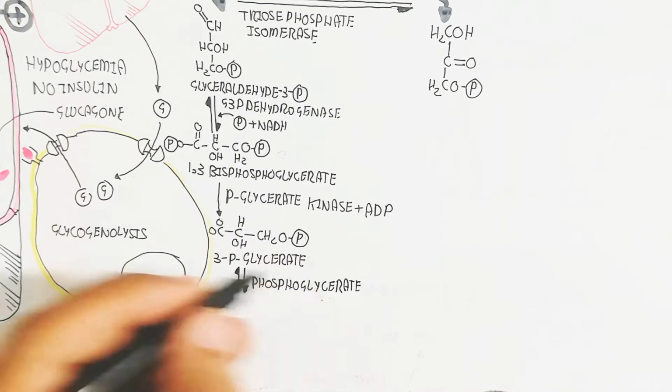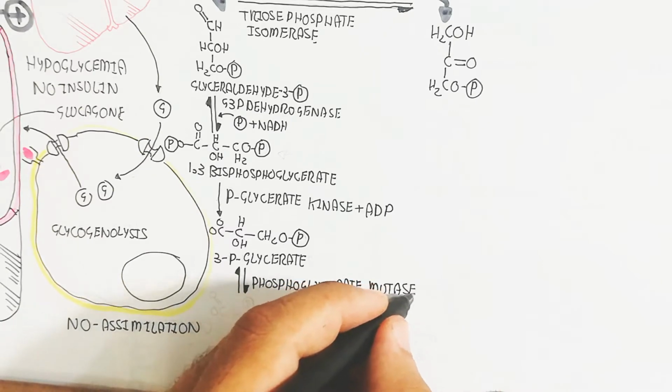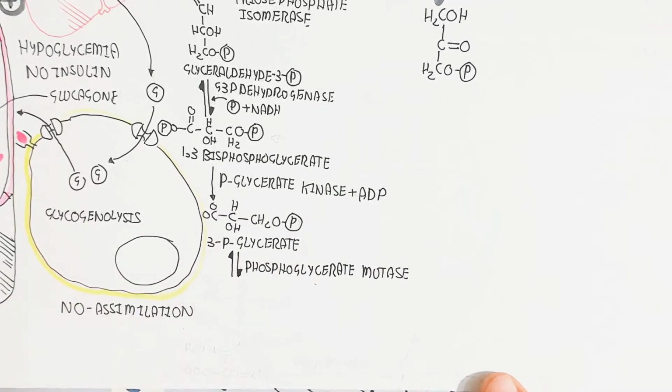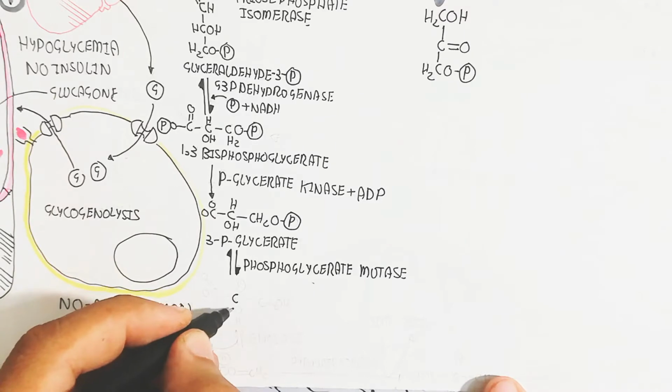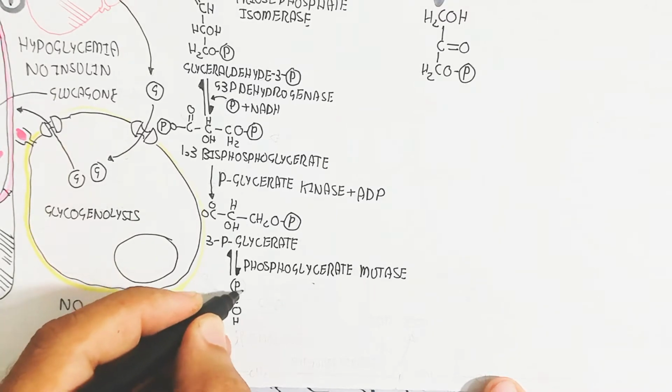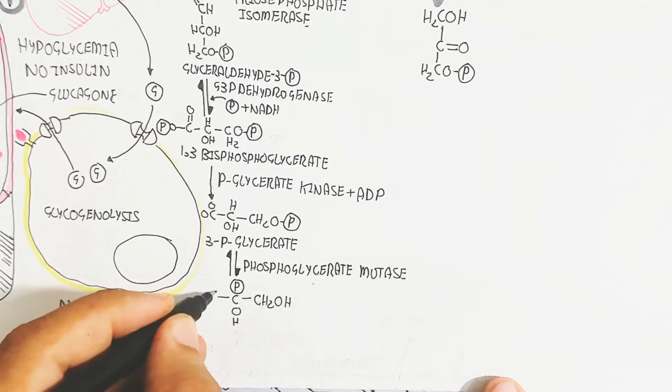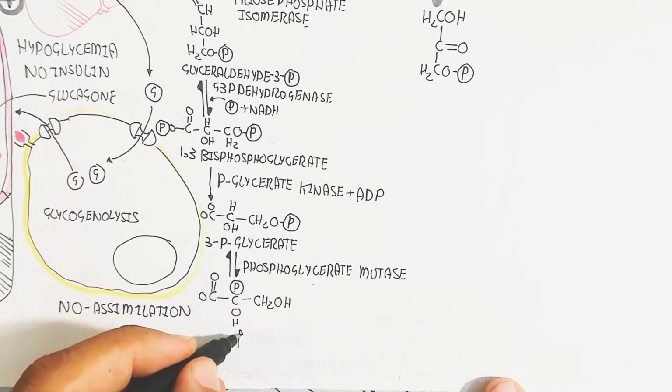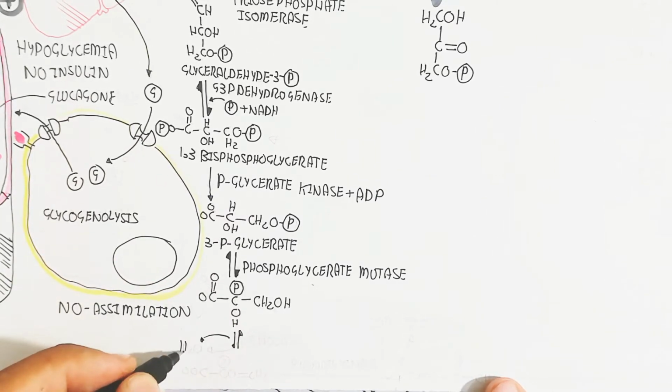After this, the phosphoglycerate mutase enzyme shifts the phosphate group to carbon number 2, and it is known as 2-phosphoglycerate.